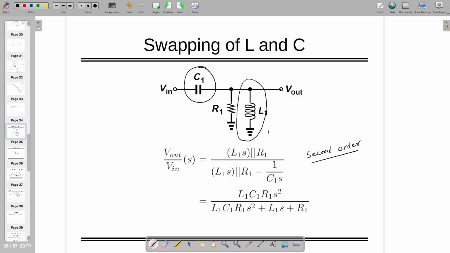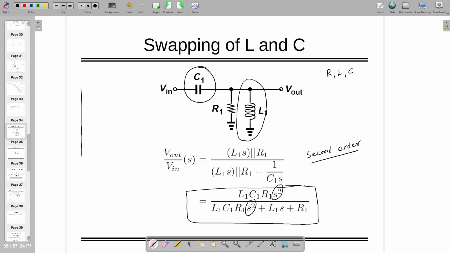One zero is also there, but here you can see that it's two zeros and two poles. So now it all depends on how you are choosing the values of R, L and C. This might be high pass or this might be low pass. It depends on RLC values.